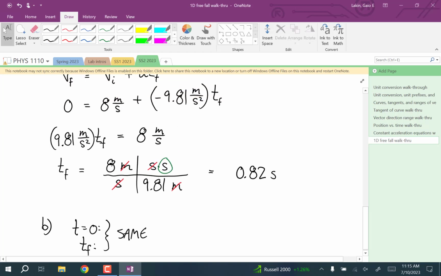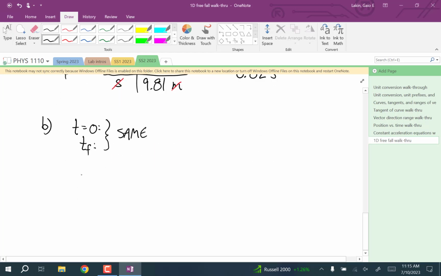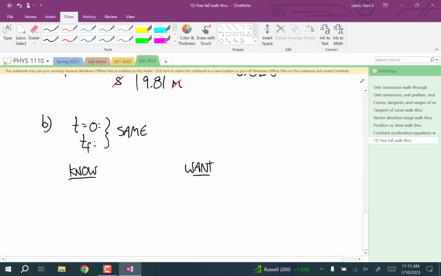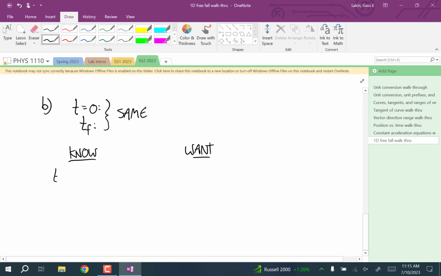What that means is anything we knew before, we know now. And now we have the additional information that time final is 0.82 seconds. So I'm going to fill this out. We have time final is 0.82 seconds. Acceleration is negative 9.81 meters per second squared.